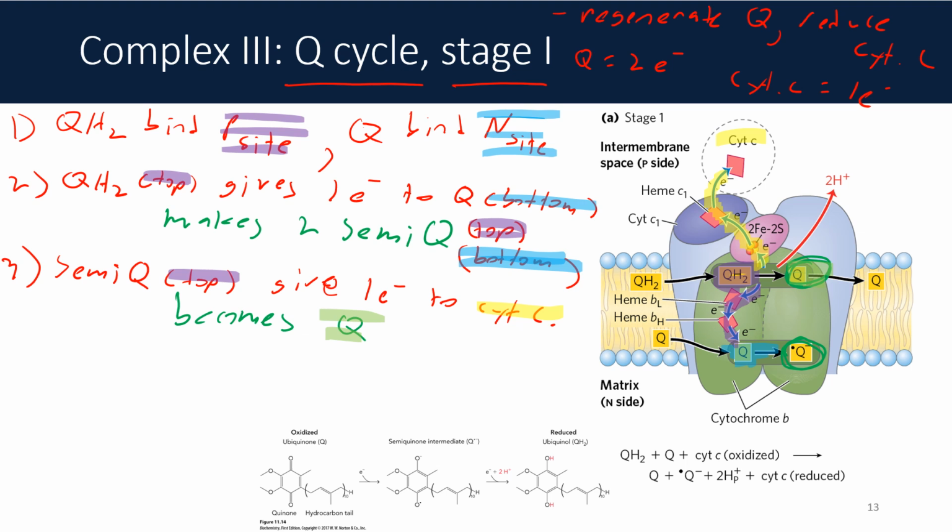So now here's the situation. It's step 4. The P site releases the Q that used to be QH2.